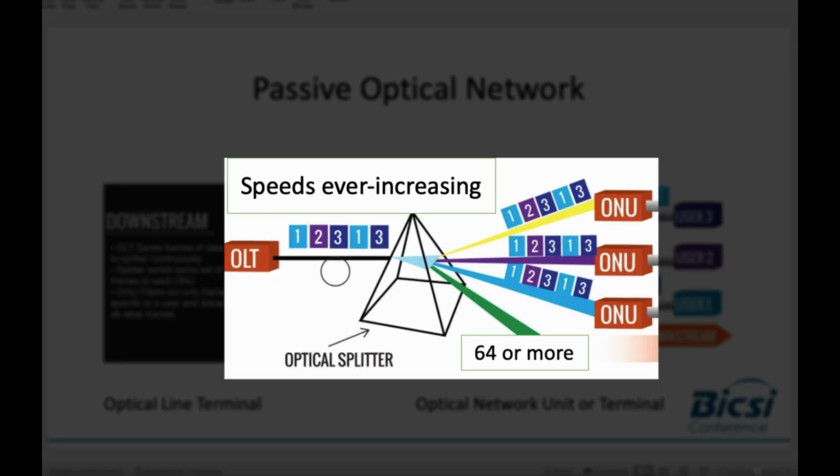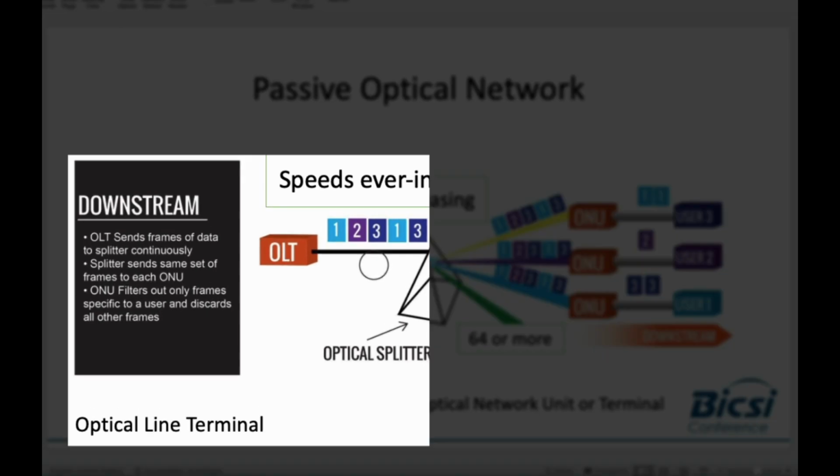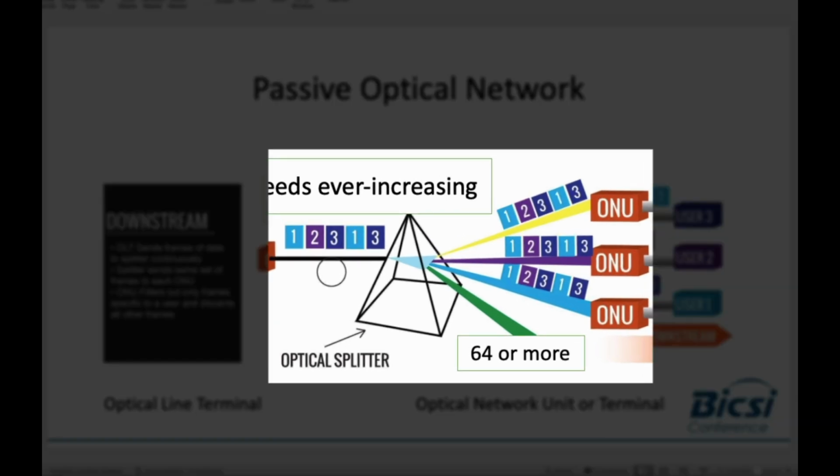It's a point-to-multipoint network. The single point is converted into multiple points using optical splitters. These networks use different wavelengths for upstream and downstream traffic. The head end, or optical line terminal, outputs a single fiber, which is converted into multiple feeds using optical splitters.